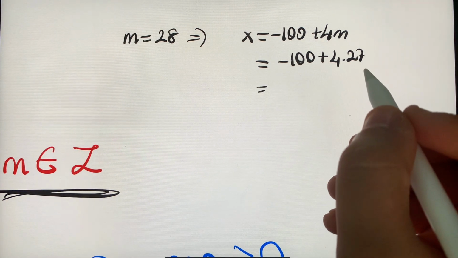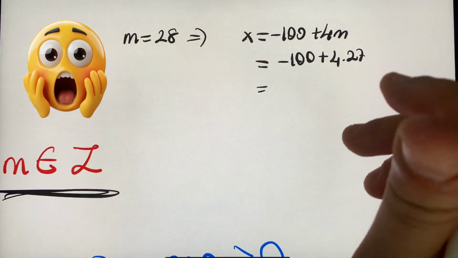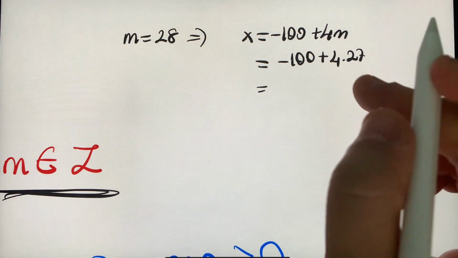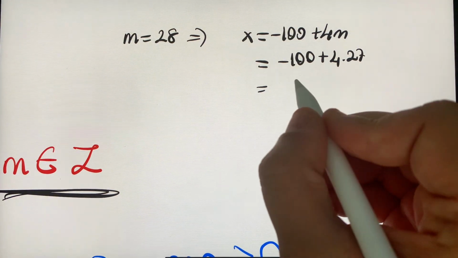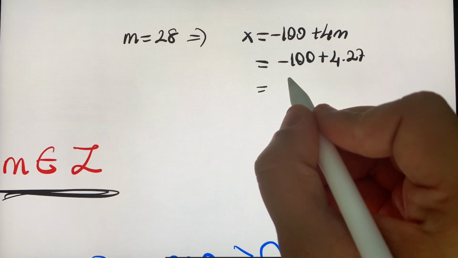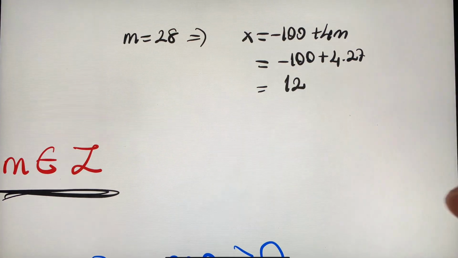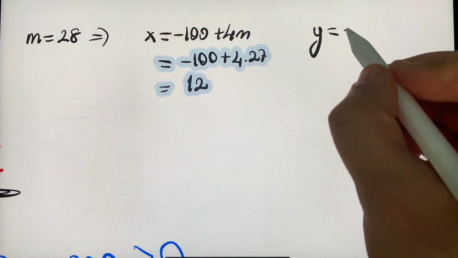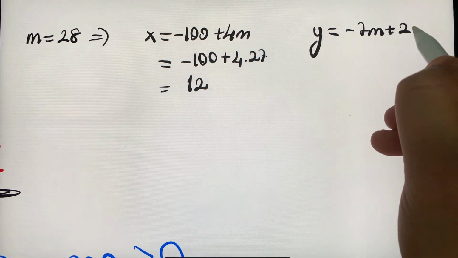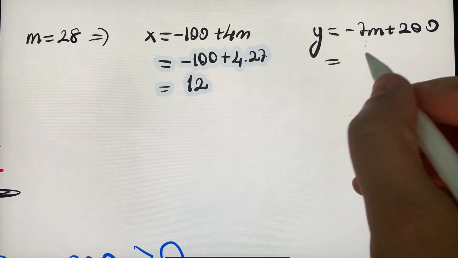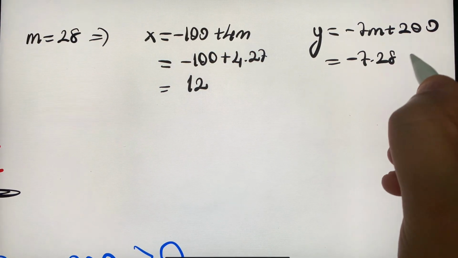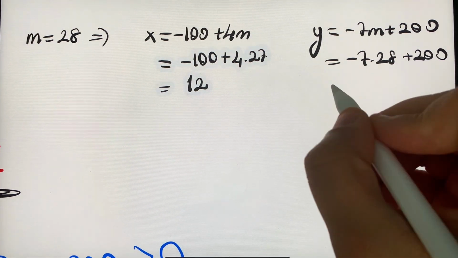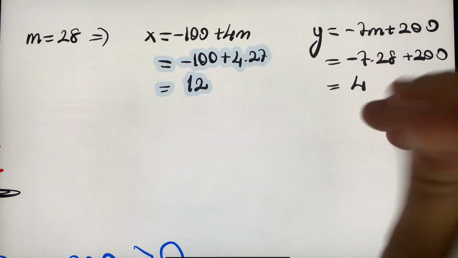When we continue a little more, what's coming from here? 12 has arrived. If we find the value we call y, it is minus 7 times m plus 200. Where we see m, we write 28. Here we have reached the results.